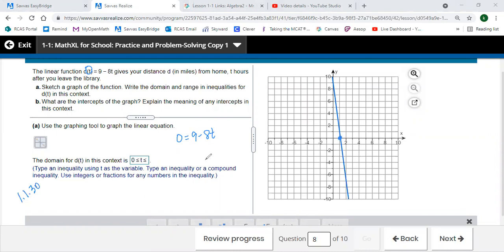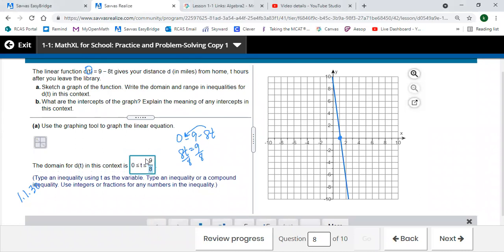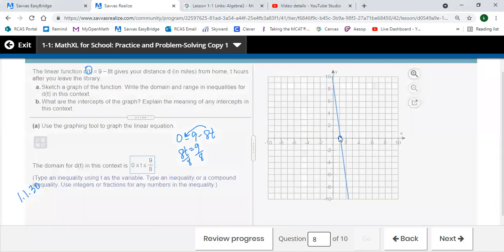And so when I have that like that, I could add the 8t to the other side, divide by this 8. So it's 9/8. So what I want here is the 9/8 for the other side of this. So let me put a 9/8. And then I think we should have it because you can equal 0. Your time can be 0. Your distance can be 0. That'd be like when you arrived home or wherever you are away from, yeah, it said from home. So let's see how we did.